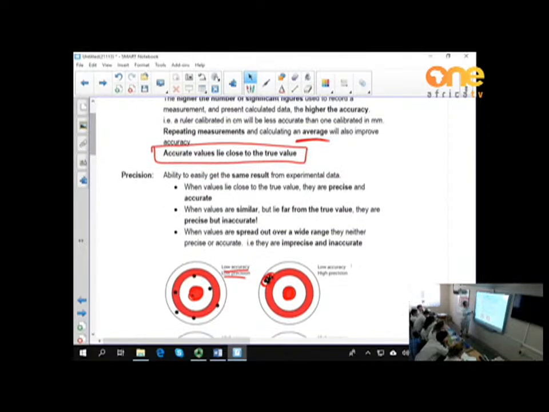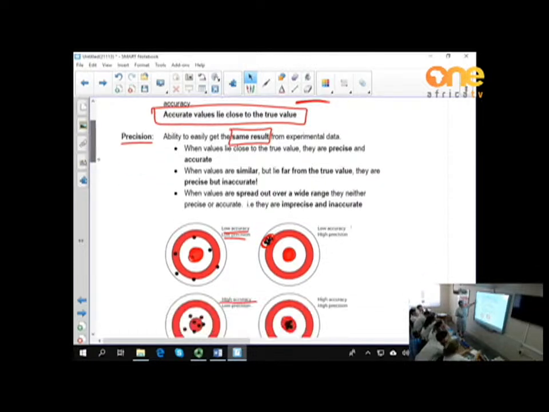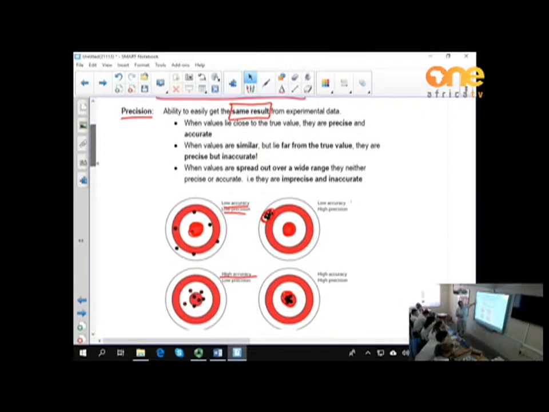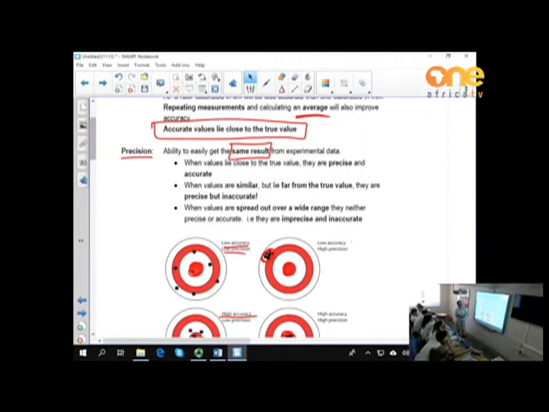So here we have precision, which is the ability to get the same result from experimental data. When values lie close to the true value, they are precise and accurate.